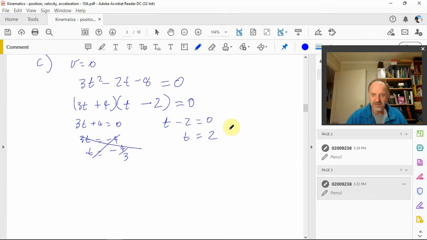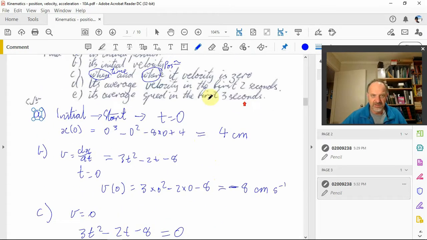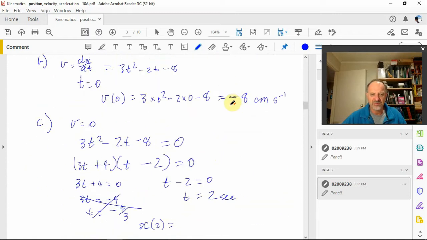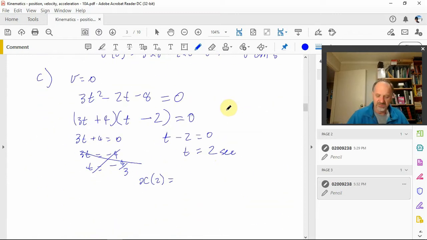So when is 2 seconds. Where? Well, that's position. So we put 2 into that equation, and that's this one up here, t cubed minus t squared minus 8t plus 4. So it's 2 cubed minus 2 squared minus 8 times 2 plus 4.